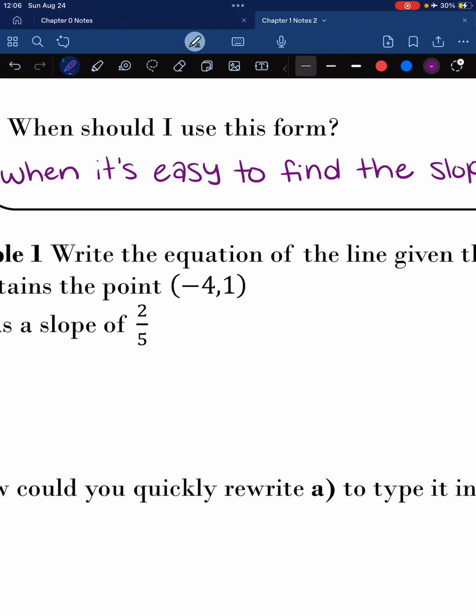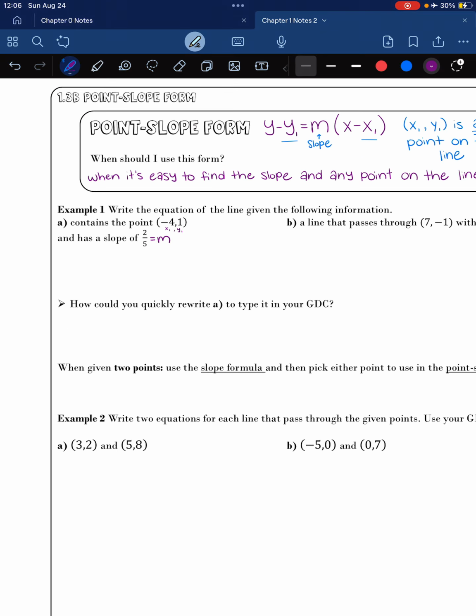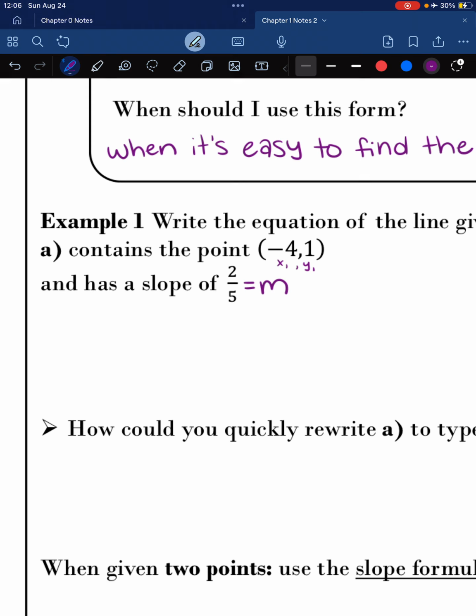Okay, so let's label these. That might make it a little bit easier to plug in. So we know that slope is m, and this negative 4, 1, that's going to be my x1, comma, y1. So that's what I'm going to plug in for x1 and y1. And then the regular x and the regular y in the formula just stay an x and a y.